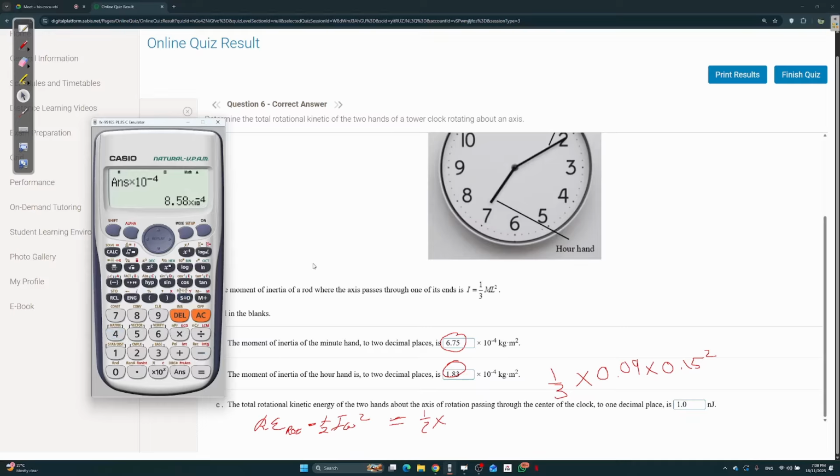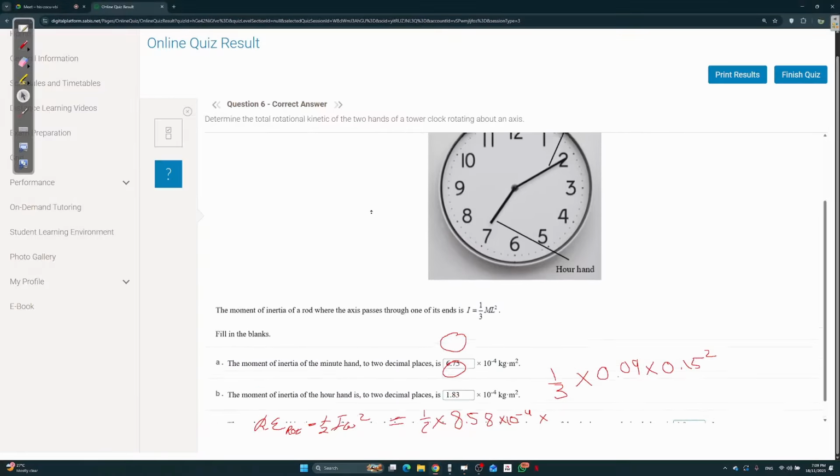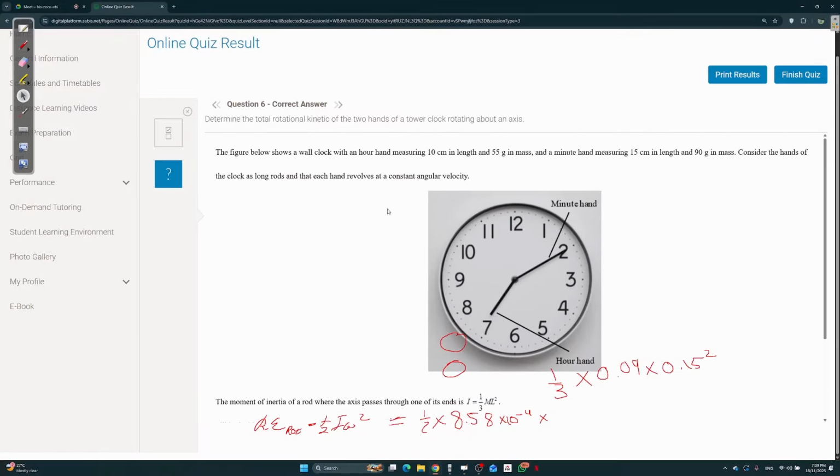You get 8.58 times 10 to the power negative 4 times omega squared. What's omega squared? We don't know how much omega squared is.